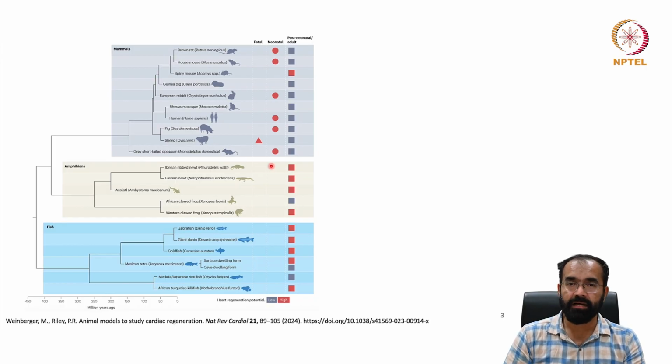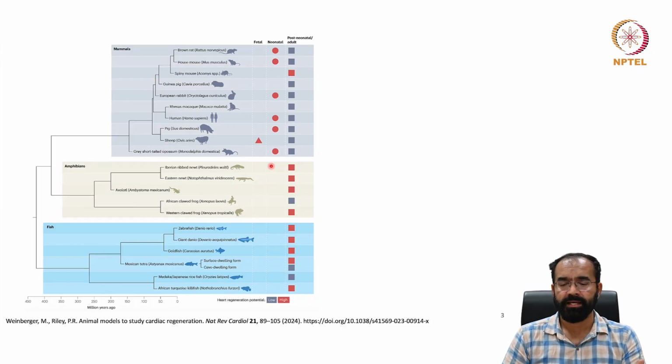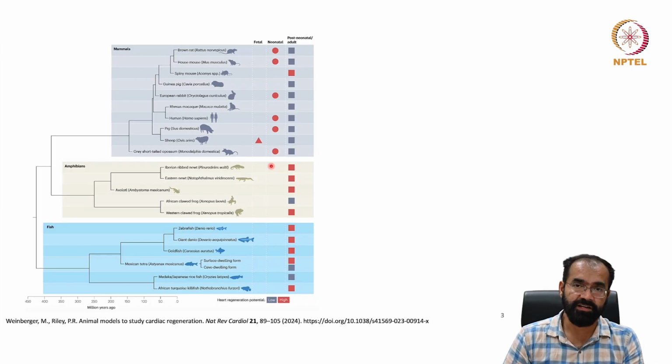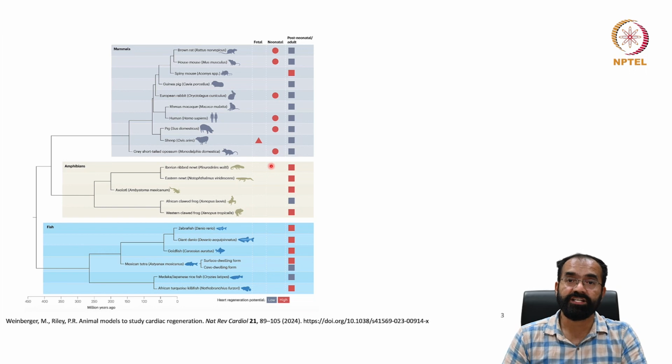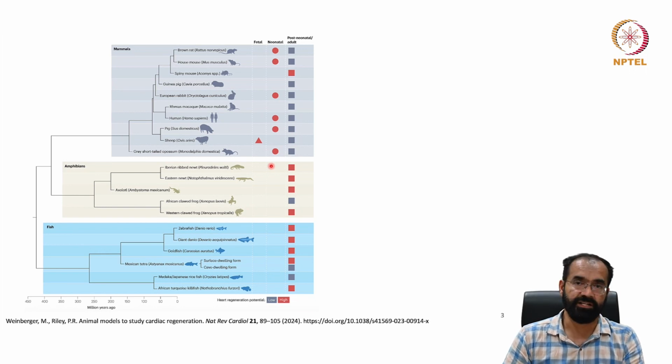So we cannot connect the regenerative ability of the heart to the survival of a species, like you have seen some fishes which cannot regenerate. So it has to be understood that whether or not a species is regenerating, the ability to regenerate gives an added advantage to that particular species.